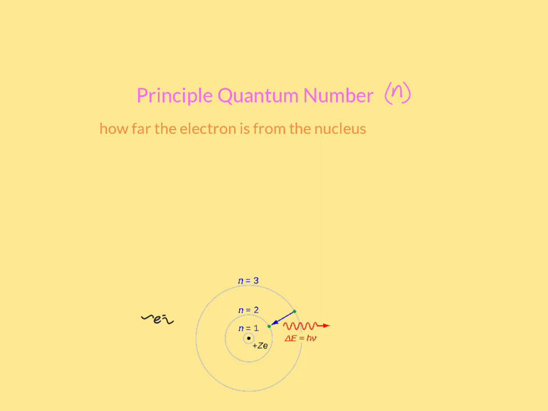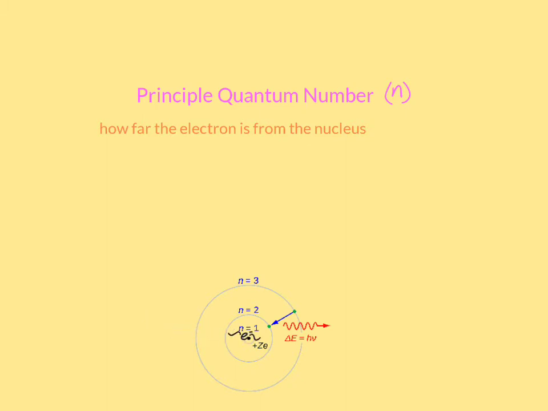The first quantum number is called the principal quantum number, and it is represented by the letter n. It describes how far an electron is from the nucleus, and it's connected to the Bohr concept of energy levels or shells. And so in this, the higher the n number, the more energy an electron has.